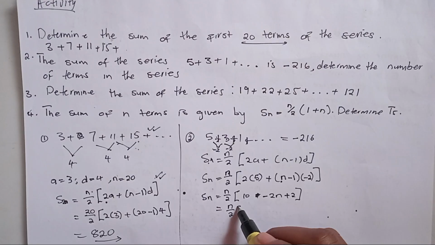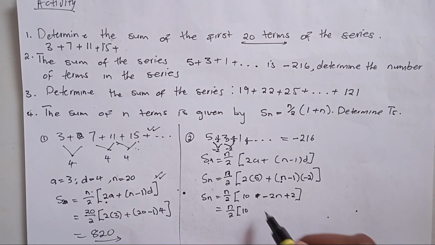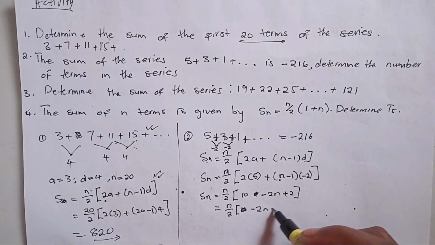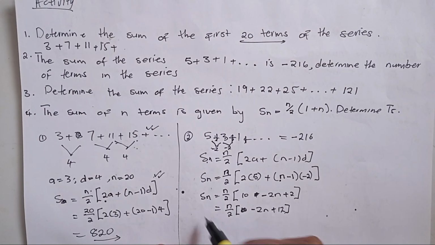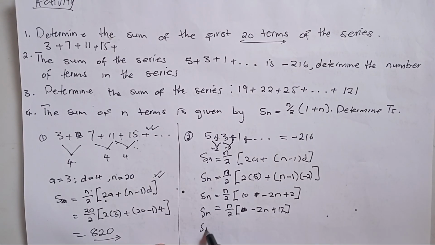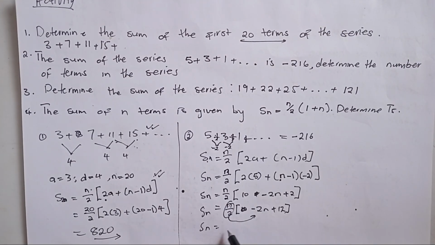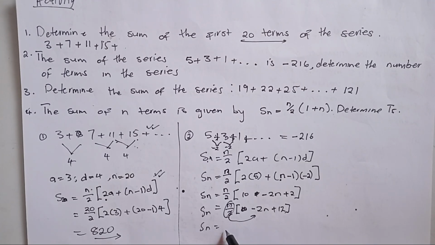n over 2 into 10, and then here it's going to be minus 2n. 10 plus 2 is going to be 12. And then Sn is equivalent to, and then let's multiply this one. n over 2 multiplied by negative 2n, these two cancel, we're going to have minus n squared.